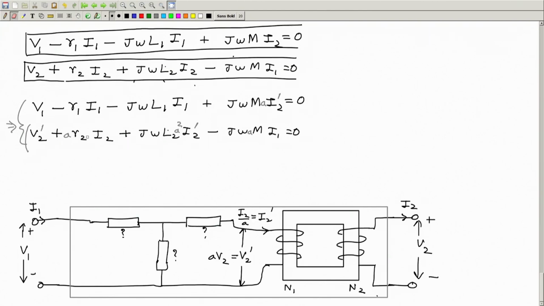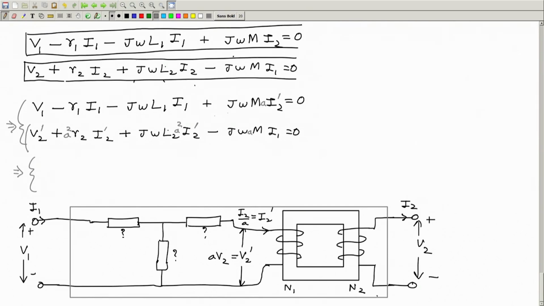So this I2 I have to write as AI2 prime. So this becomes A square directly. Okay, so from this you see that I have two equations.